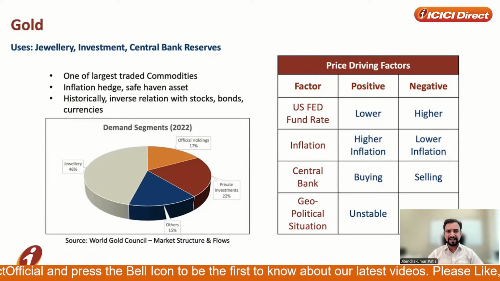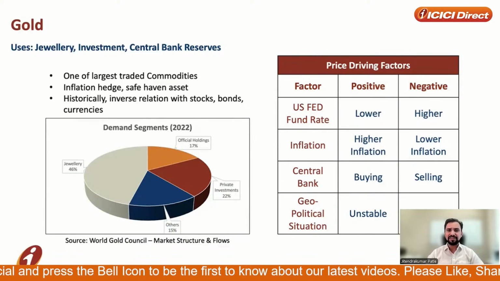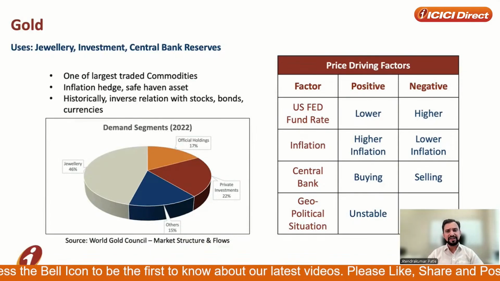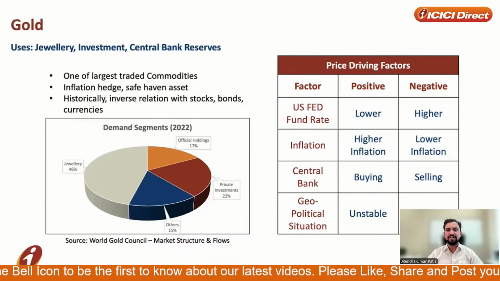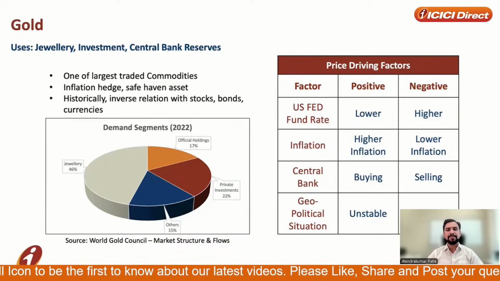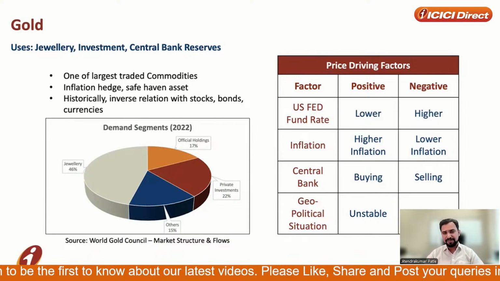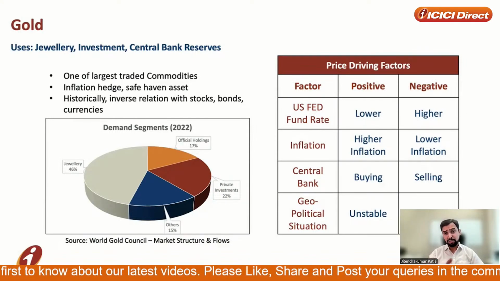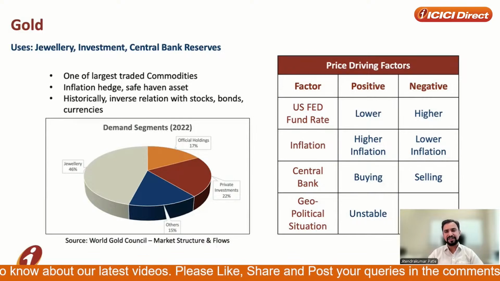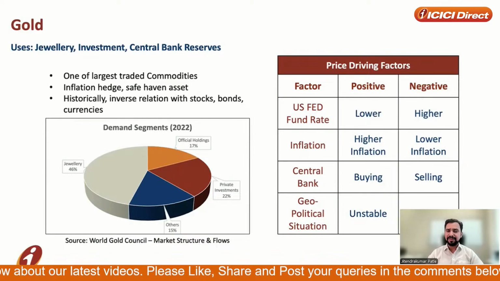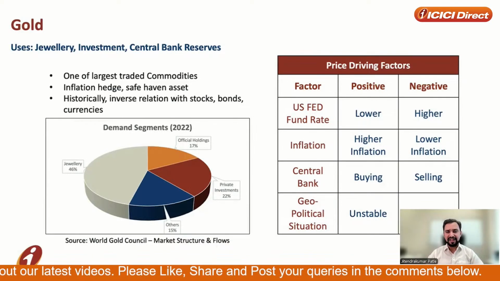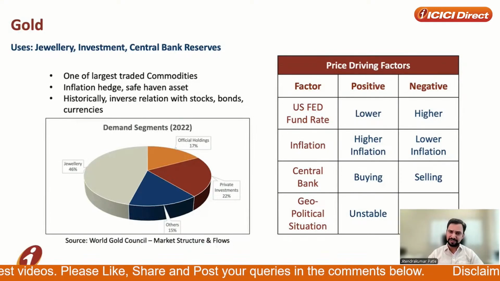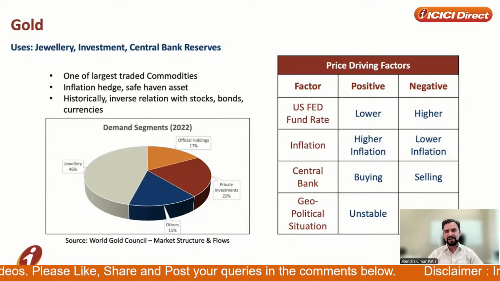Now talking about the factors affecting it, the first is the US Fed rate. If the US Fed rate is lower, then it is positive for gold, because people will shift from other asset classes or debt instruments to gold, as there will be higher returns. Similarly, if the US Fed rate is high, where they will get good returns, people will shift from gold to other instruments like bonds or debentures.